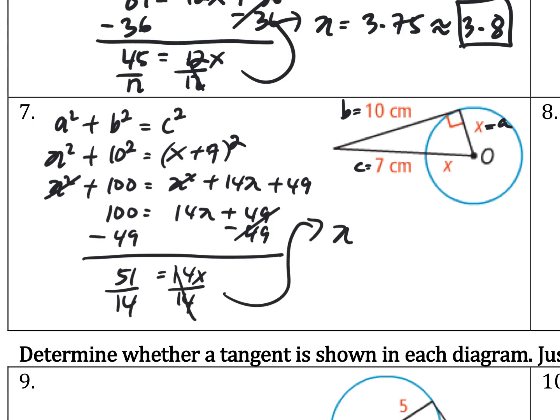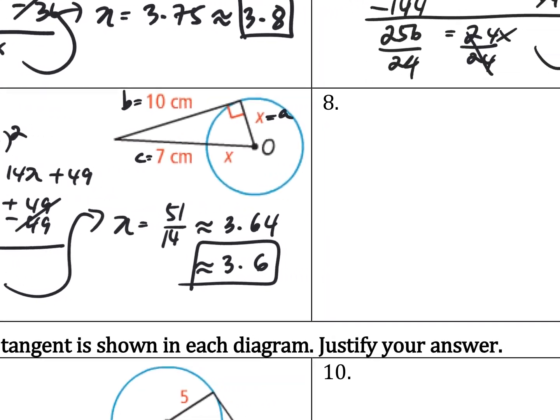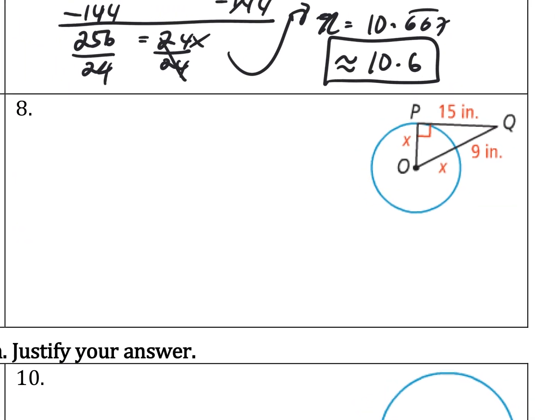Therefore, your x is going to give you 51 over 14, which is approximately 3.64. But since it's going to be nearest tenth only, we can only put it until 3.6. Okay, number 8.